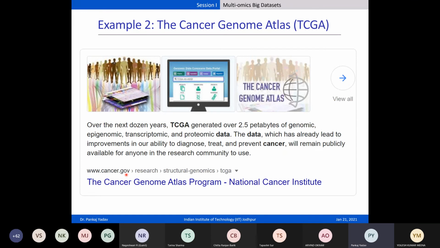So the next example that I want to show you about big data in biology is the Cancer Genome Atlas. Basically, it has almost all kinds of cancers that exist in humans. Their data is available from this portal, and I just picked this from their website. Over the next dozen years, TCGA generates over 2.5 petabytes of genomics, epigenomics, sorry, and transcriptomics and proteomics data.